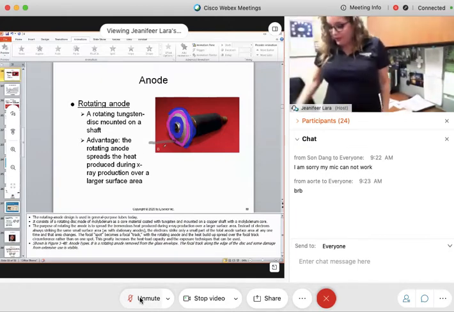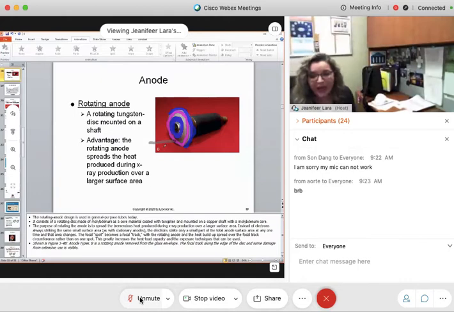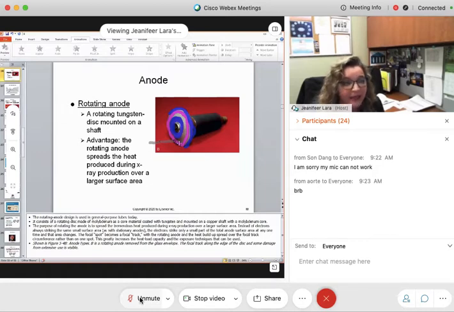So what's important about the track, and why it's made of tungsten and rhenium, is that when the electrons hit, it continues to spin.